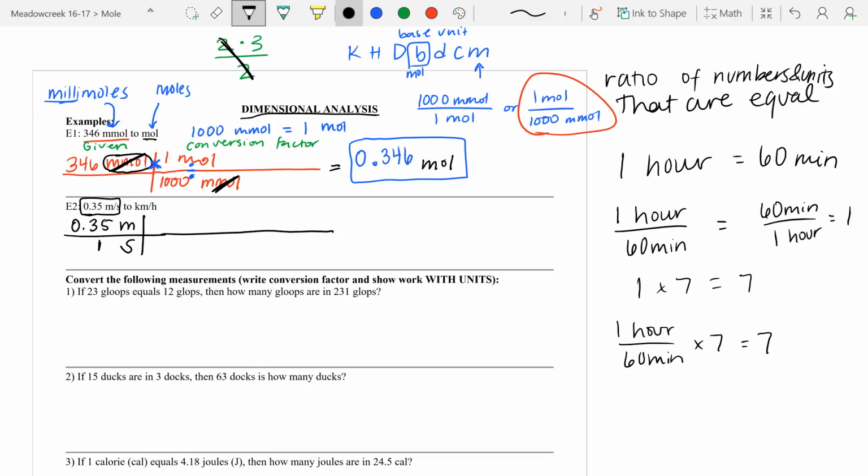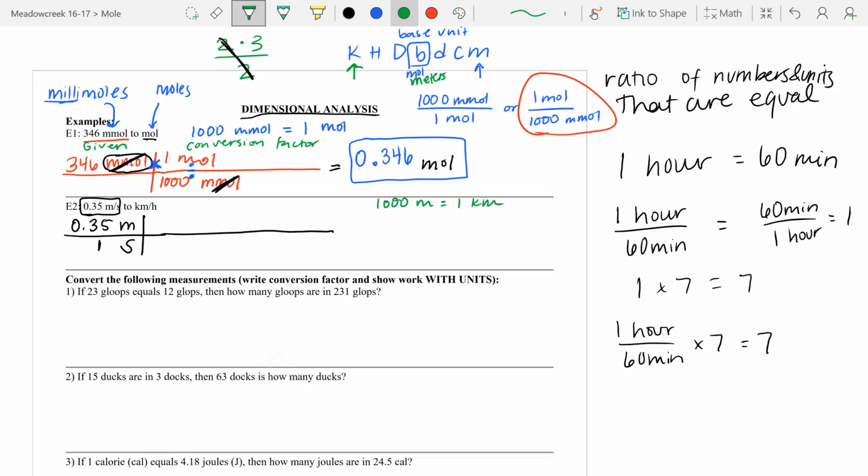Now, if we go back to our King Henry died by drinking chocolate milk help chart, meters is going to be my base unit, and kilometers is going to be right here. So what that means is we know that 1,000 meters are equal to 1 kilometer, and we need to decide which unit will go on the bottom and which one will go on the top.